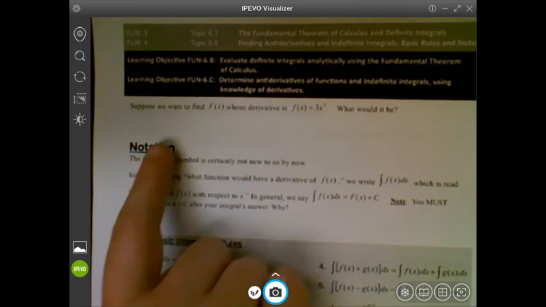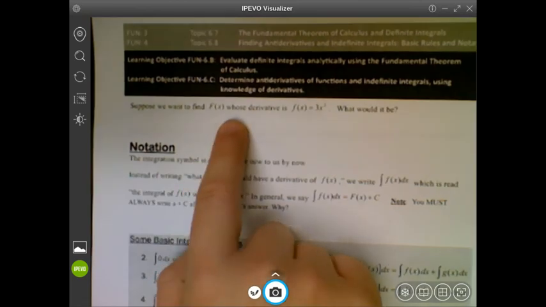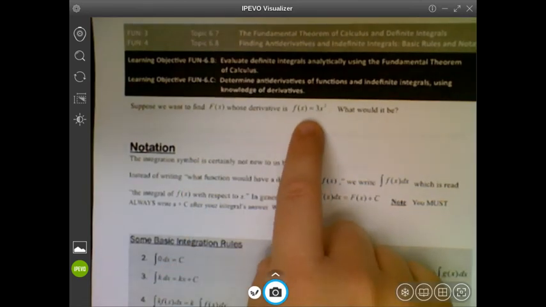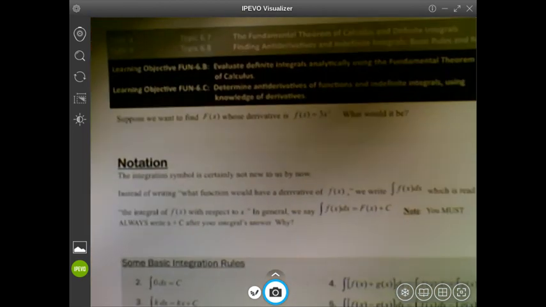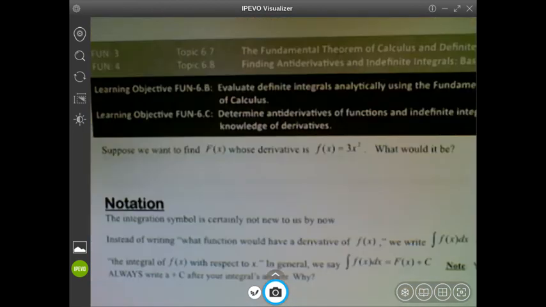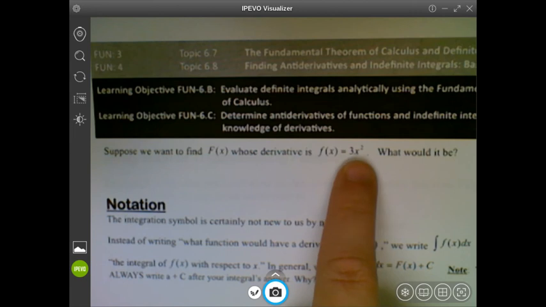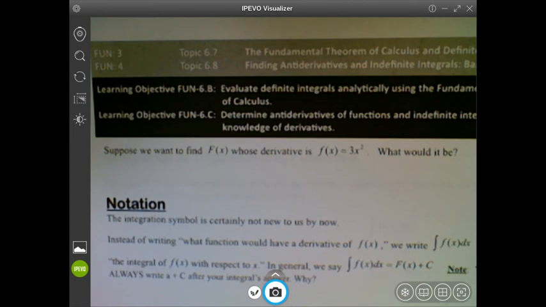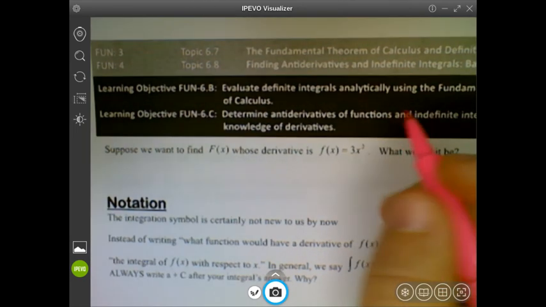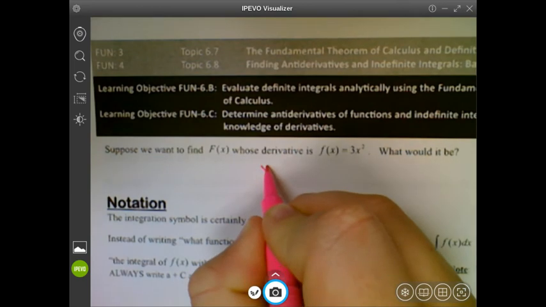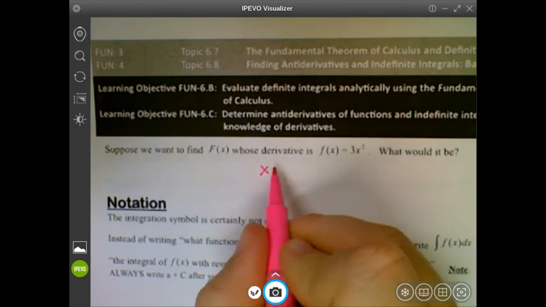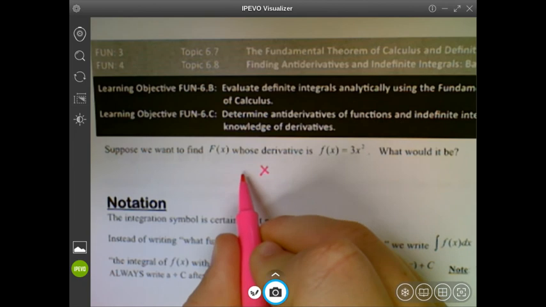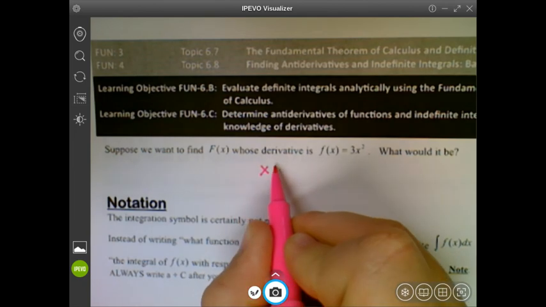So suppose we want to find capital F of x, whose derivative is lowercase f of x equals 3x squared. What would F of x have had to have been so that this would be its derivative? Thinking about what would have happened, we had x to a power, and the power dropped down and then was subtracted by 1.